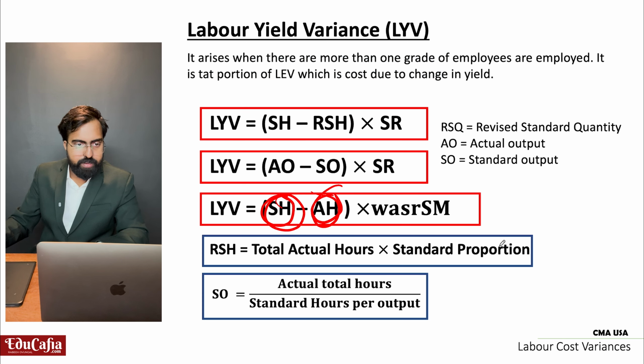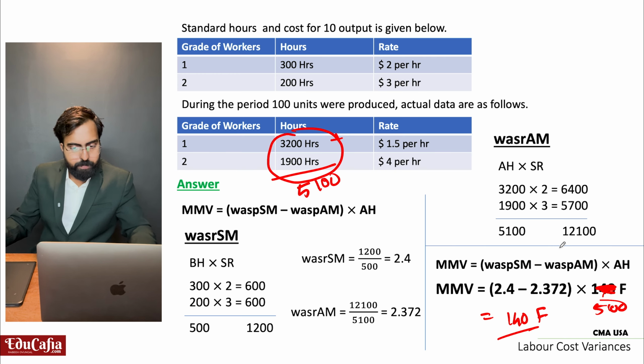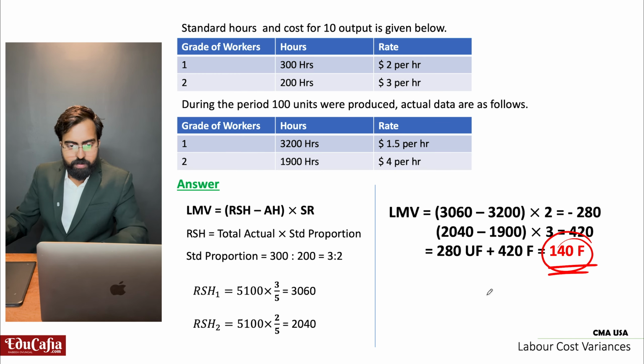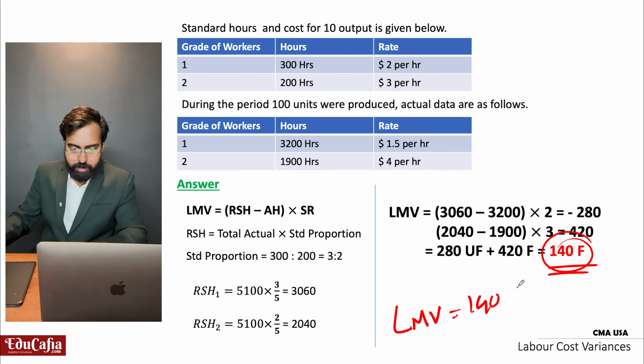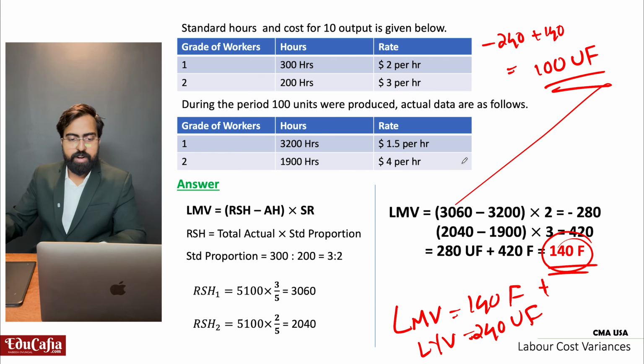Before that, just keep in mind LYV is 240 unfavorable and LMV, mix variance, is 140 favorable. So if you are adding these, 240 minus 140, that is equal to 100 unfavorable.